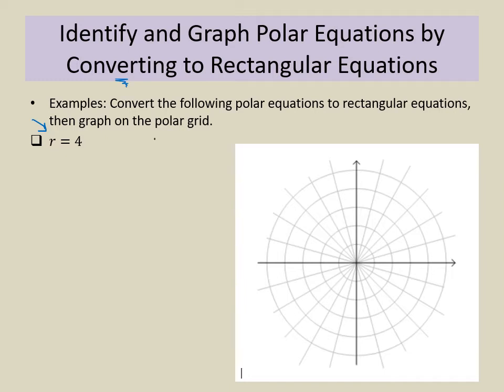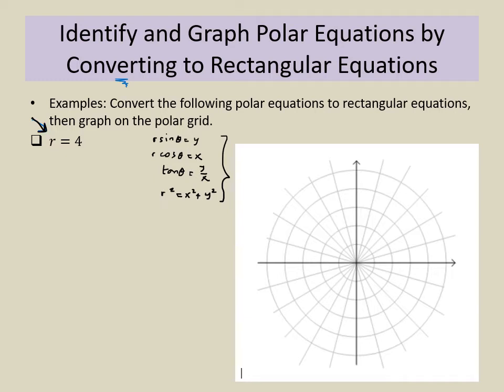We got sine of theta equals y. We have cosine of theta equals x. We have tangent of theta equals y over x. We have r squared equals x squared plus y squared. These are the conversions that we have. So pause the video, think about which one of those can we use here and how.